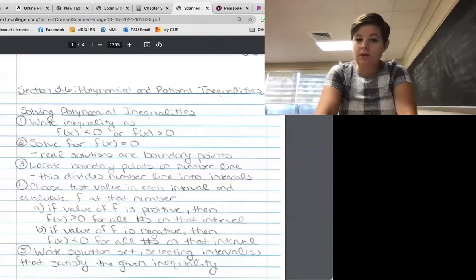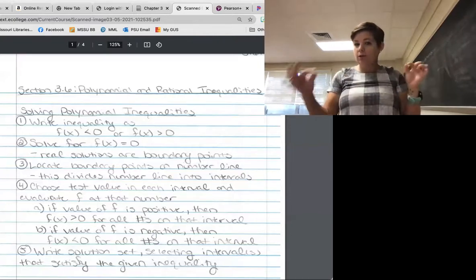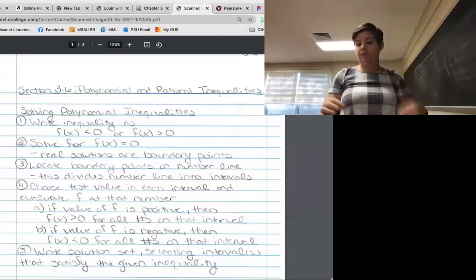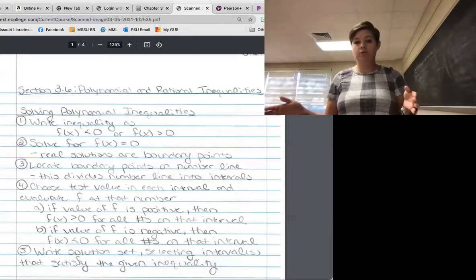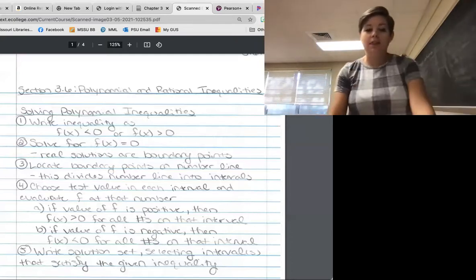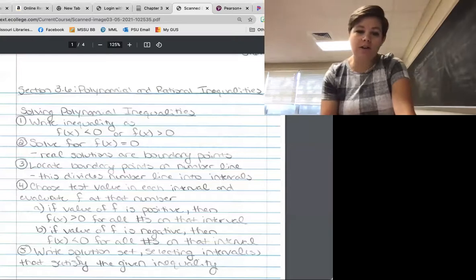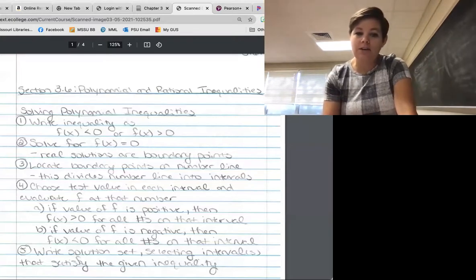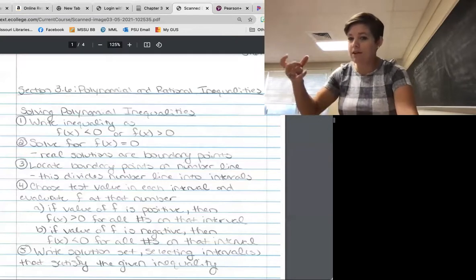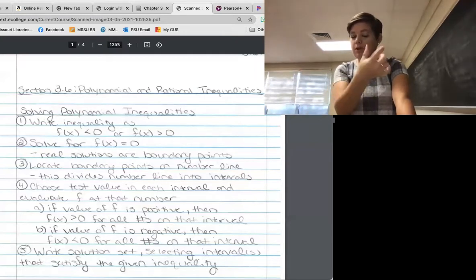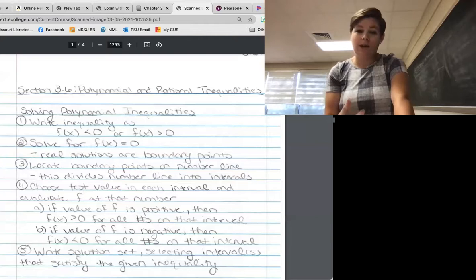Step 3, you locate those boundary points on a number line, like you graph them on a number line. This divides your number line into different intervals. Then step 4, we choose test values in each of those intervals and evaluate f at that given number. So we plug that value into our equation and solve and see what happens.